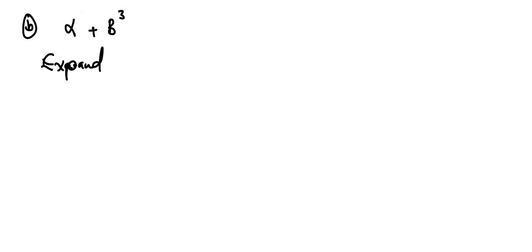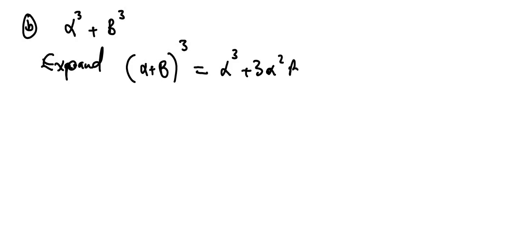The biggest power here is 3, right? So I'll just expand alpha plus beta to the power 3. If you do this by itself 3 times, you'll find this is what you're going to get, plus 3 alpha beta squared, then plus beta cubed. You are seeing alpha cubed and beta cubed, right?